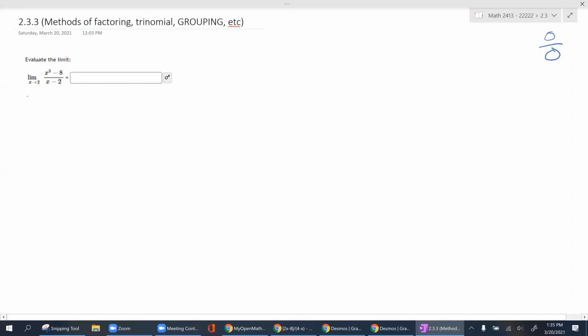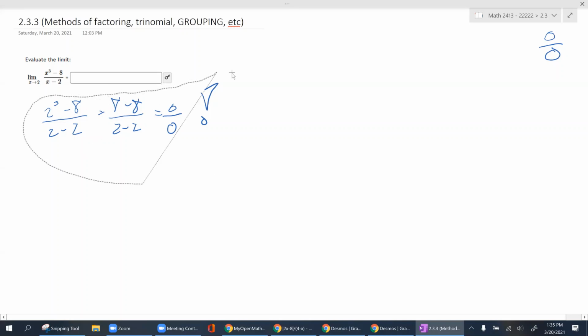I take the limit, so this is going to be 2 to the 3rd minus 8 over 2 minus 2. This is 8 minus 8 over 2 minus 2, which is 0 over 0. Alert. It just means I have to do something here.